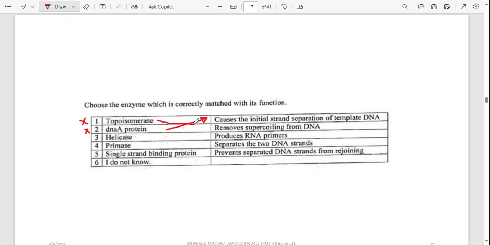Topoisomerase is the removal of supercoils. Helicase produces RNA? No, it separates the two DNA strands. This is the function of helicase. Primase produces the RNA primer. This is its function. Single-stranded binding protein prevents separated DNA from rejoining. So that's the correct one.